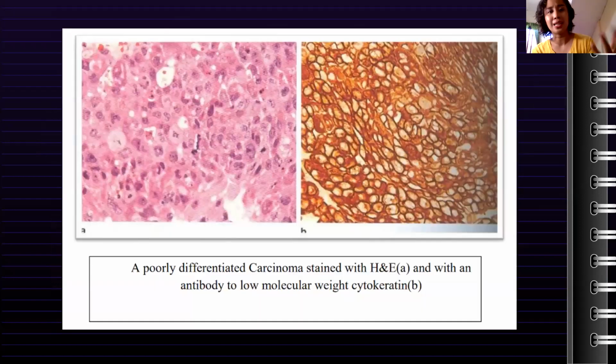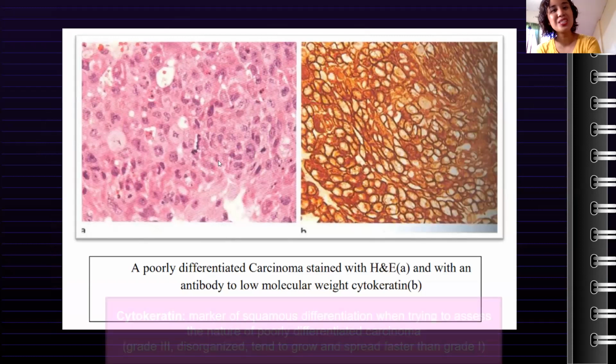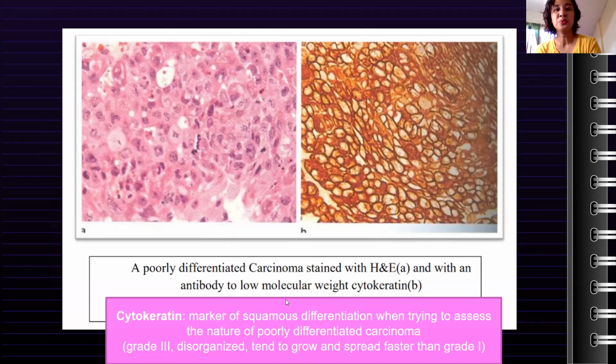So class, look at how valuable our immunohistochemistry is. In a routine hematoxylin and eosin staining, guys, this is what a poorly differentiated cancer looks like.